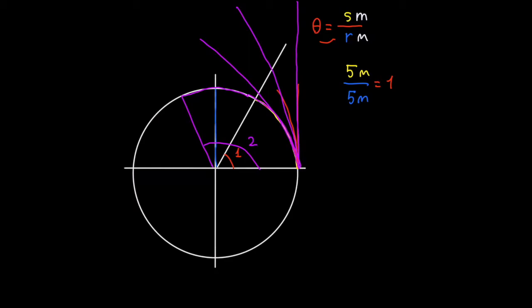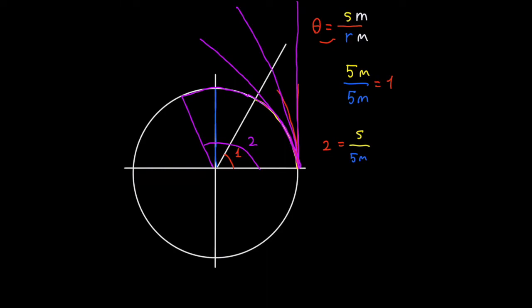This is our 2 radian angle, and we can do this for any angle, and we can indeed verify that this is still consistent with our formula. So our angle, which we said was going to be double the one we saw before, so 2 radians, 2 equals our arc length over the length of the radius, which is the same as before because we have the same circle, so over 5 meters.